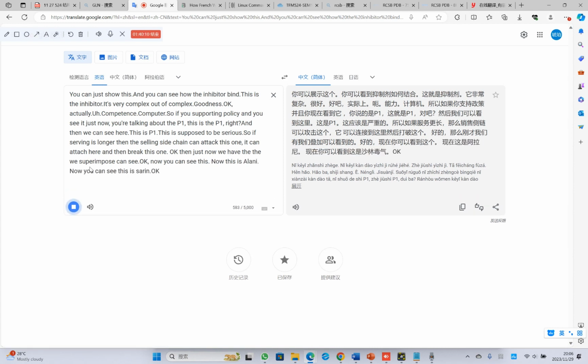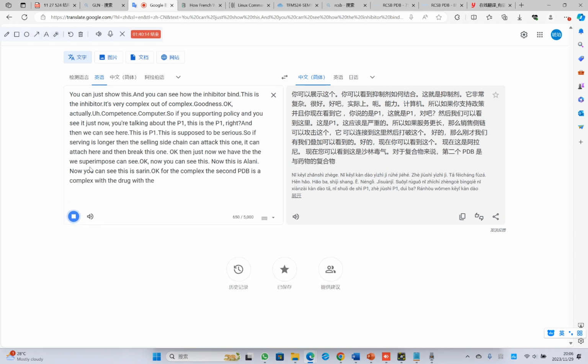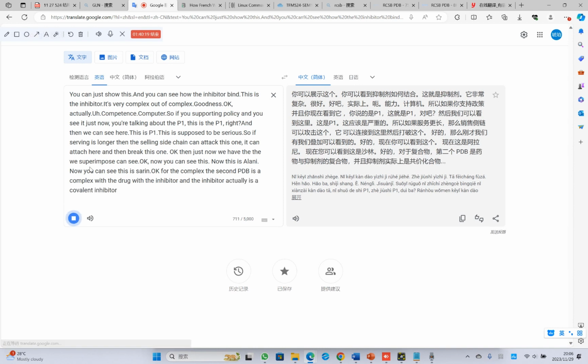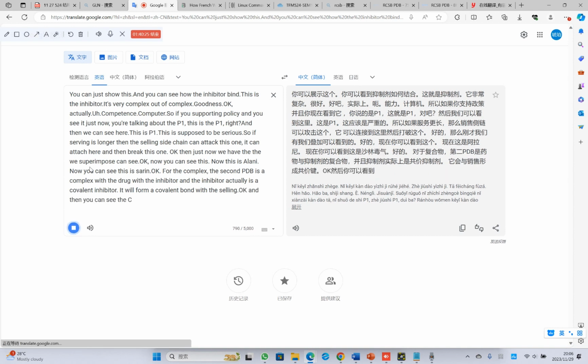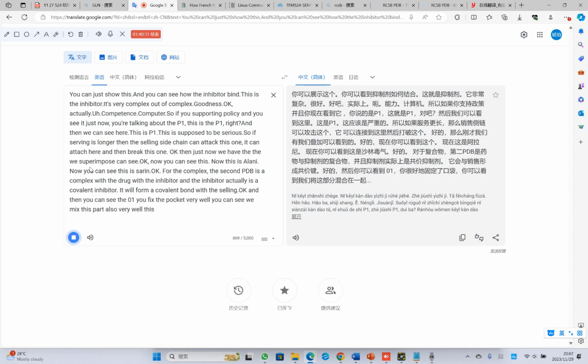The second PDB is the complex with the drug, the inhibitor, which is a covalent inhibitor. It will form a covalent bond with the serine. You can see the silver one fits the pocket very well. It mimics this part also very well, this part also very well.